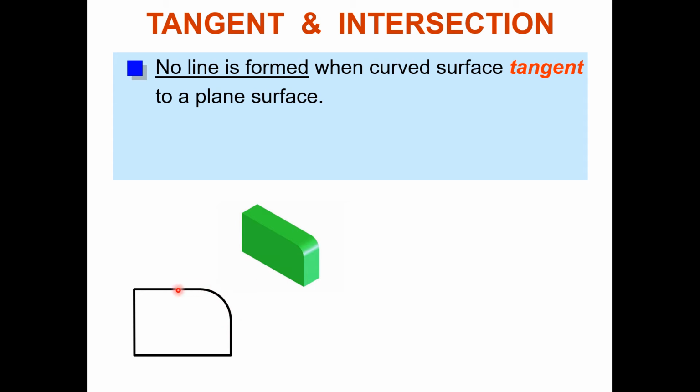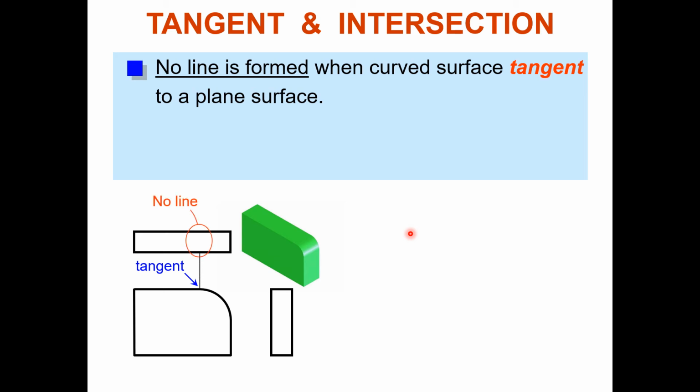You will not see the joining of this, because that is a smooth transition. That is a tangent, no line will form here.